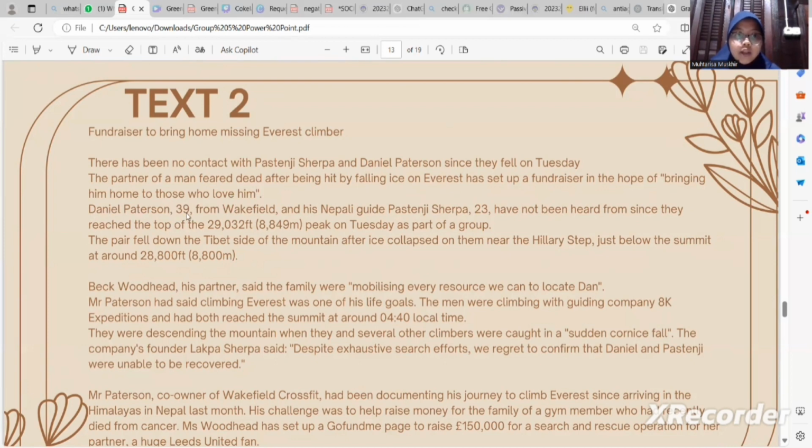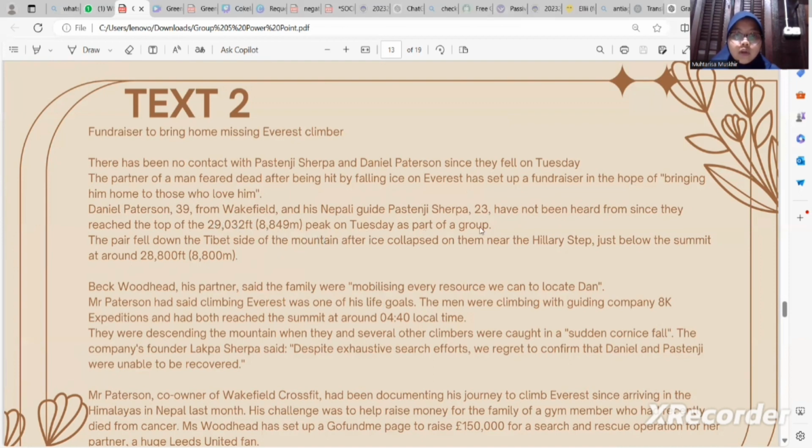Daniel Patterson, 39, from Wakefield, and his Nepali guide Pasang Sherpa, 23, have not been heard from since they reached the top of the peak.